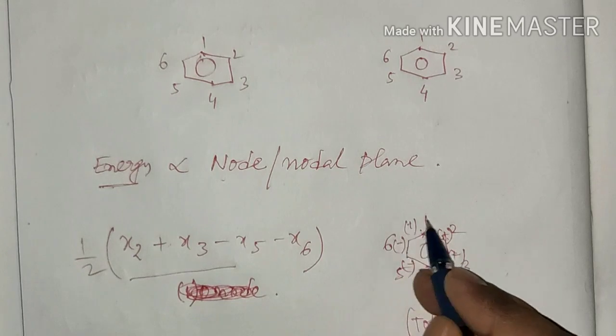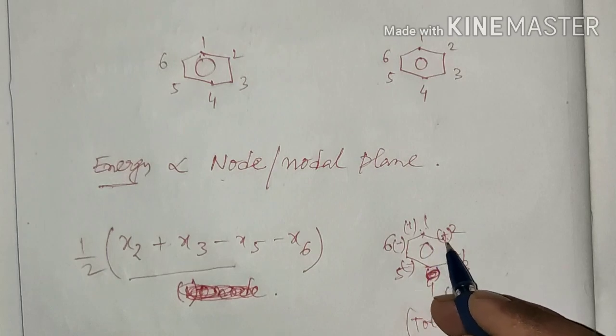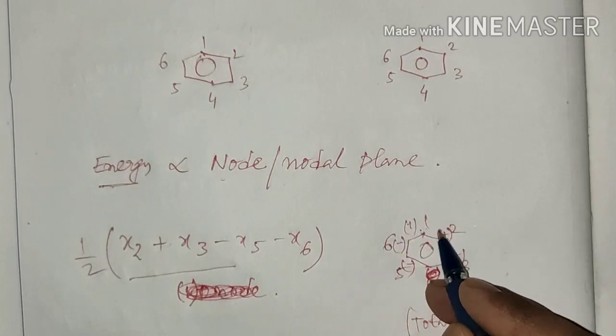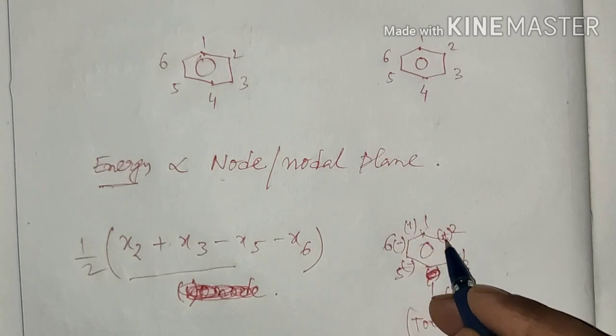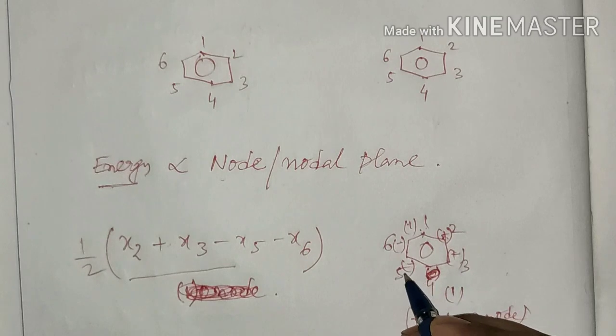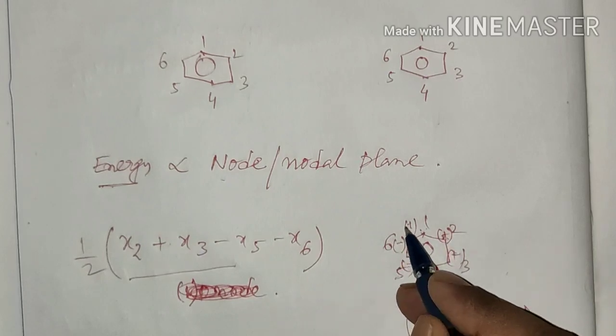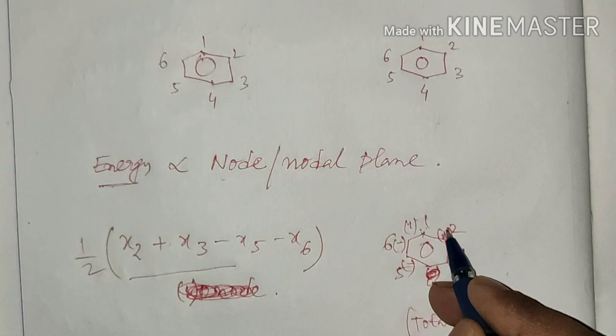Since it is a cyclic system, we have to count the change in sign of the wave function for a cyclic rotation. That means if we start from carbon 2, we have to count the number of times it is changing its sign going from psi 2 and again coming back to psi 2.